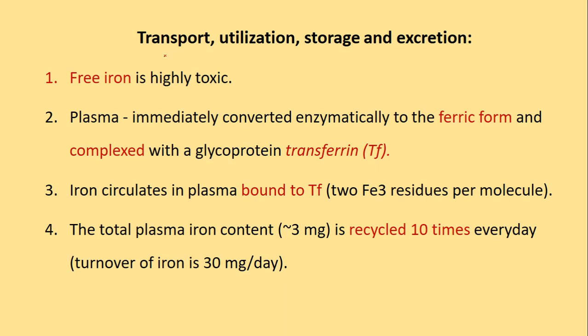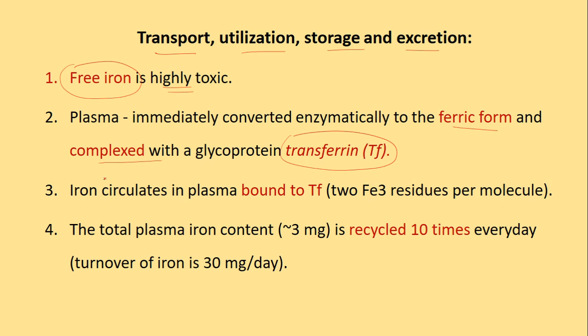Coming to the transport, utilization, storage and excretion of iron. The free form of iron is very toxic in nature. So free iron in the plasma is enzymatically converted to the ferric form and complexed with the glycoprotein transferrin.